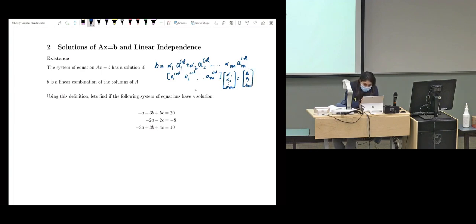This is essentially just A alpha, or A X equals B. So that means that if a solution exists, then B can indeed be written down as A times alpha.